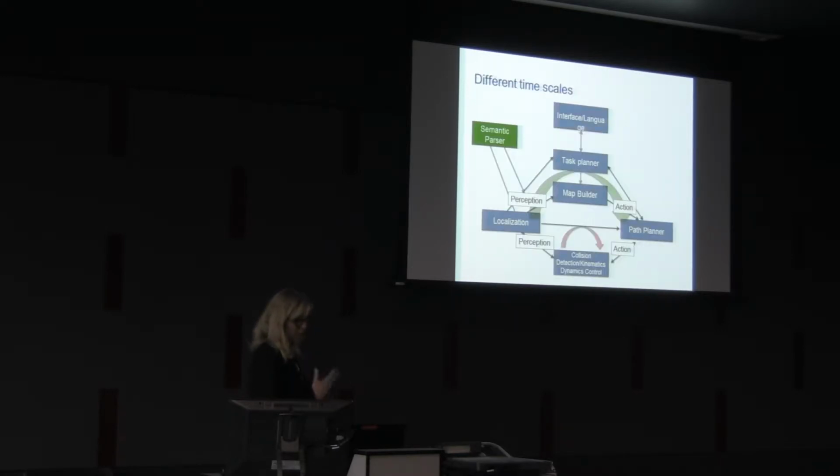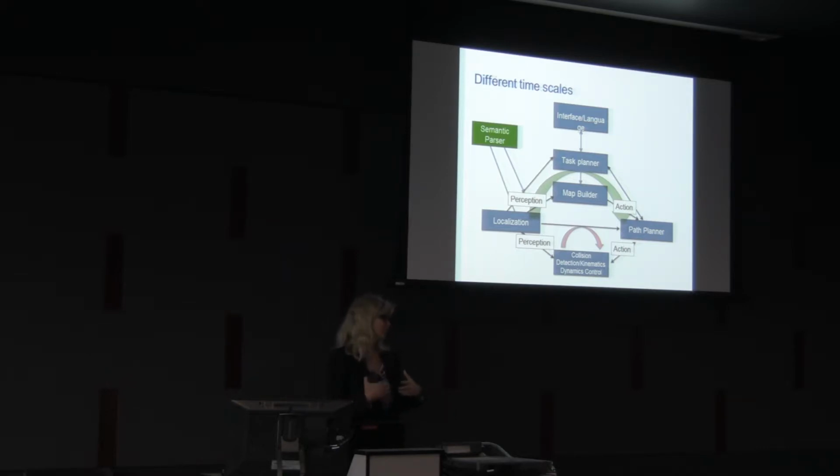Another motivation for this hierarchy is that in a robotic setting, the need for semantic information typically happens at different time scales. Certain semantic information needs to be delivered very quickly. For example, I need to know where the free space is when I'm trying to avoid obstacles.